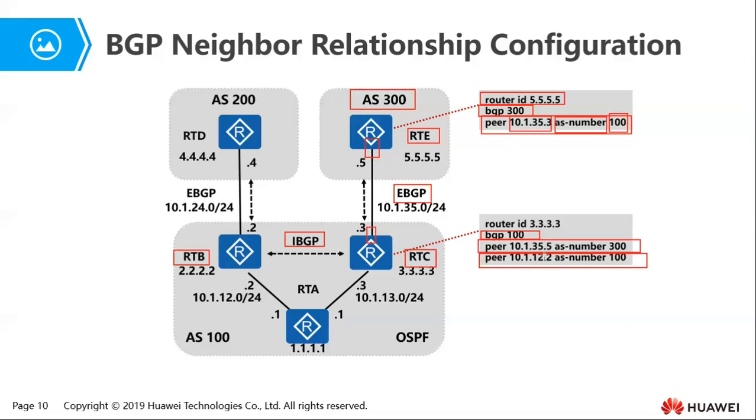You do peer, then the physical IP address of this particular interface that you want to peer on RTB. Now, you notice that RTC and RTB are not directly connected. They have been connected through RTA.